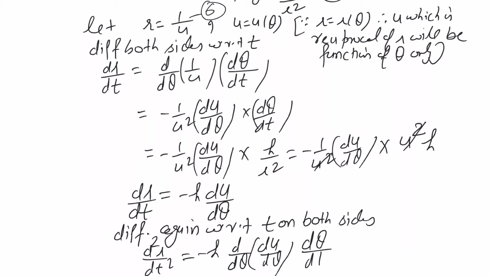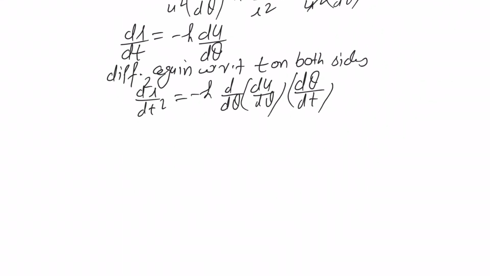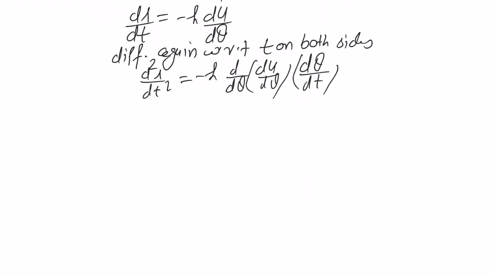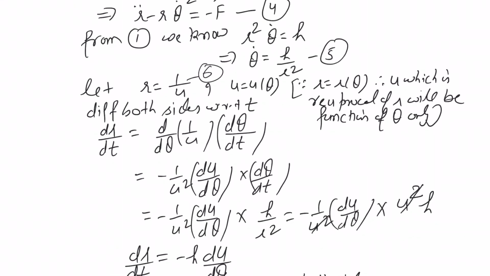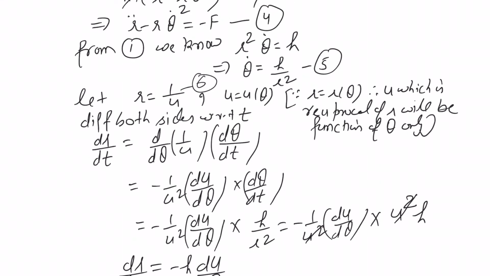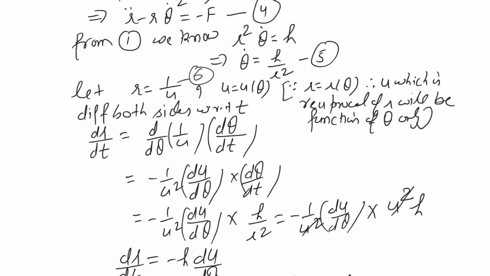Theta will be further differentiated with respect to time, so this will be further equal to minus h d square u by d theta square and d theta by dt, as from equation number 5.